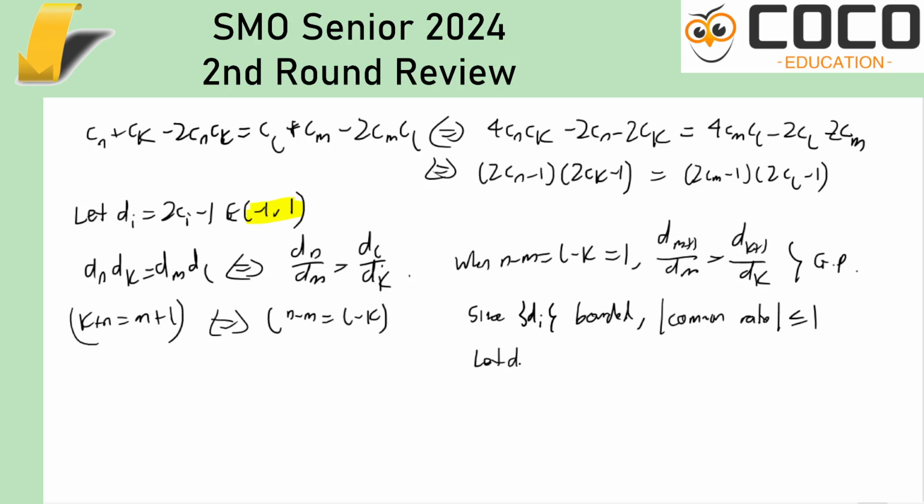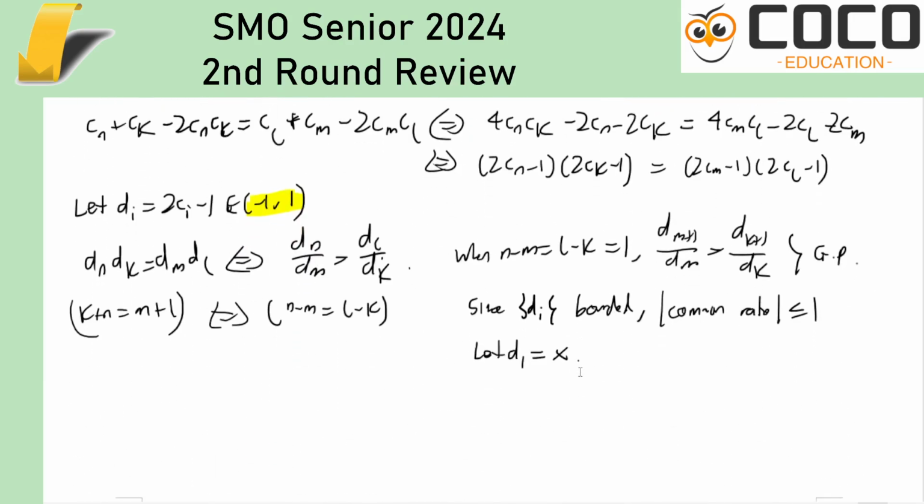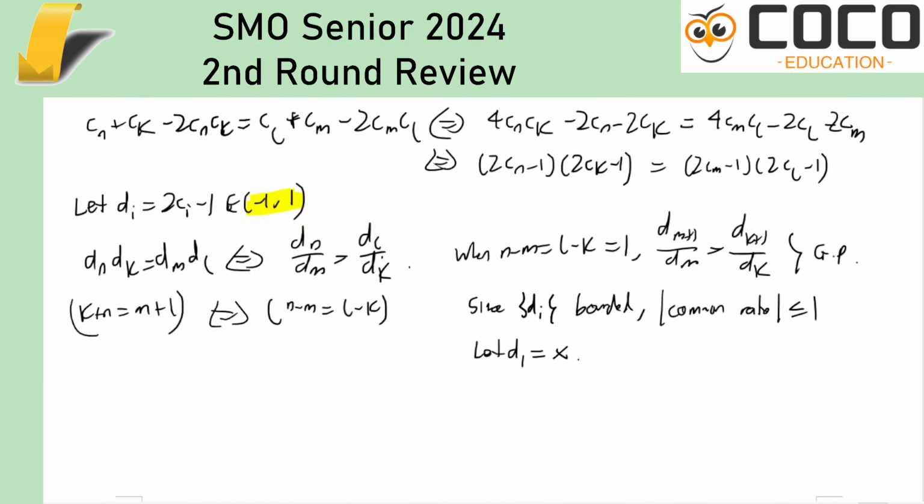So if I call D1, let's call D1 X. Have I used X anywhere? I don't think I've used X. So let's use X. In fact, no, let the absolute value of D1 be X. Then if the absolute value of D1 is X, then everything else is bounded below X.